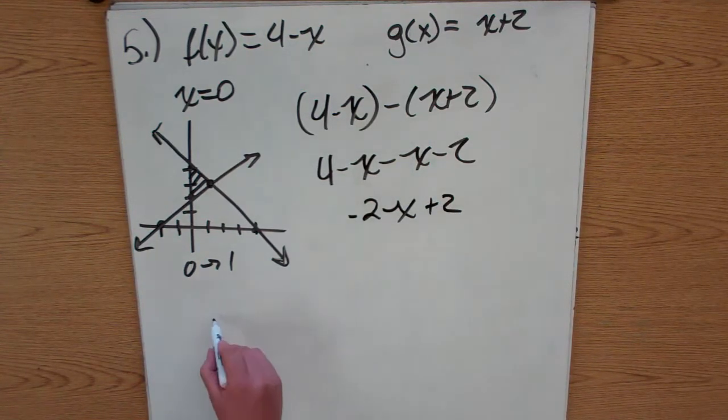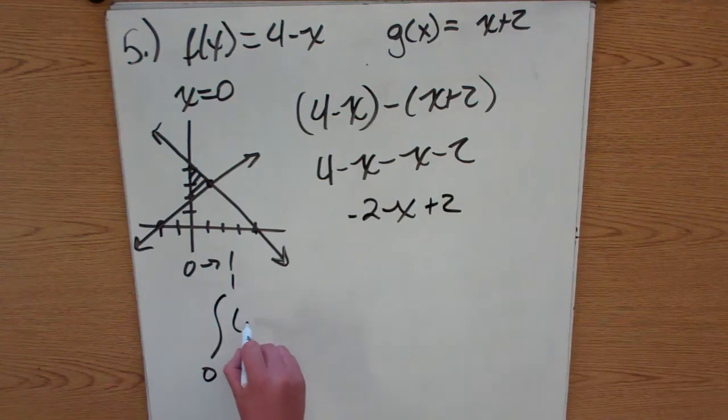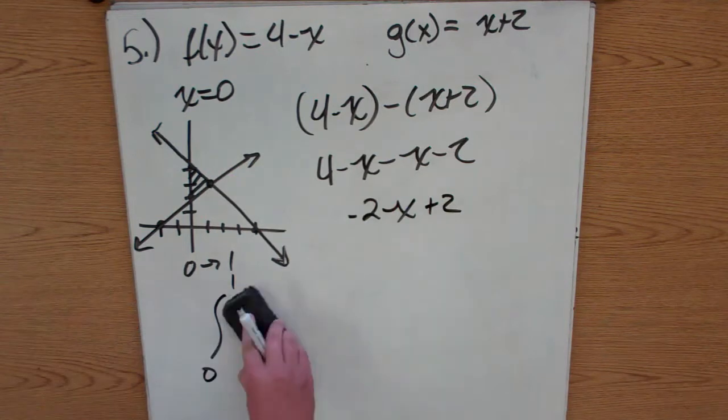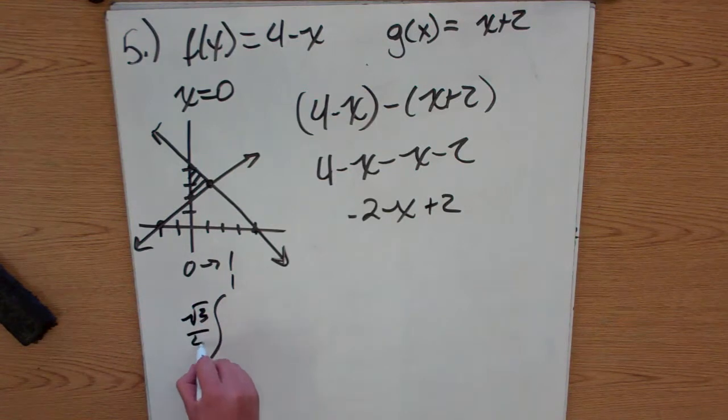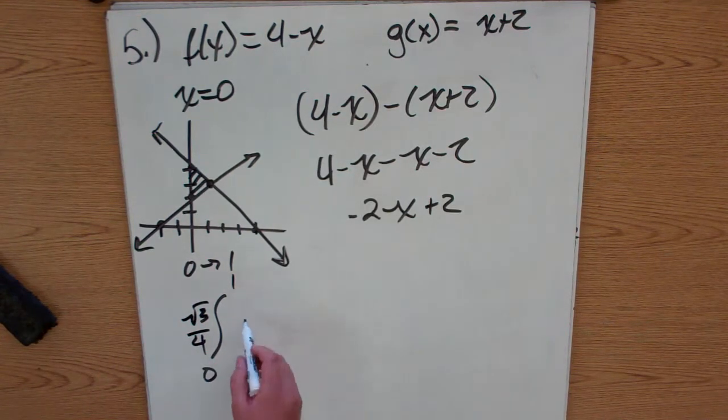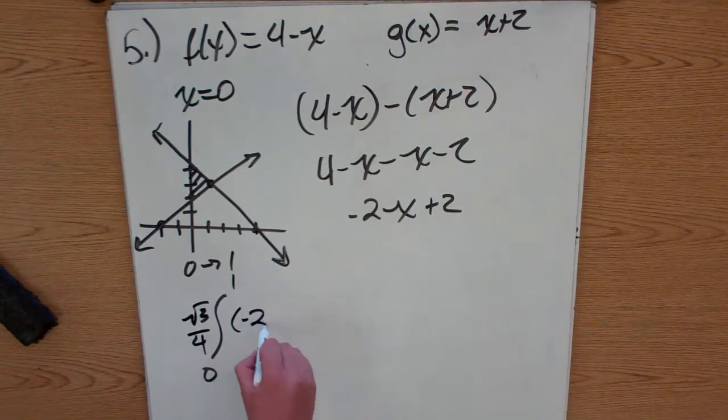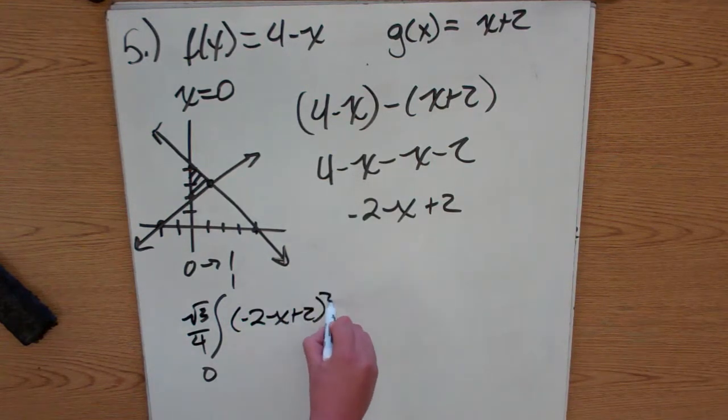So that's what we're taking the antiderivative of. So from 0 to 1, our formula for the equilateral triangles is the square root of 3 over 4 times the side squared. That square root of 3 over 4 you can pull out. And then it's just times side squared. So, negative 2x plus 2 squared dx.